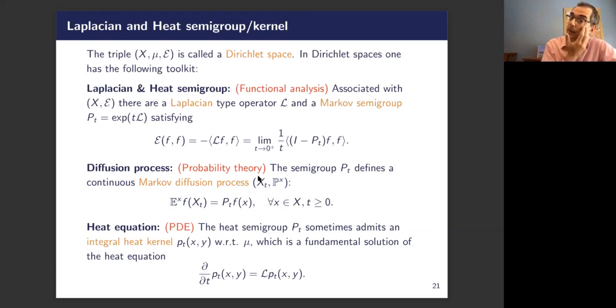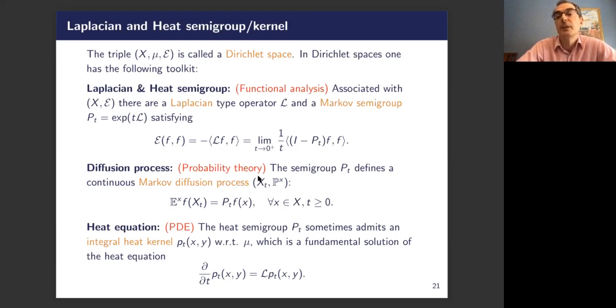And finally, there is another tool that comes from analysis this time. This is PDE, and it turns out that Dirichlet forms and associated semigroups are related to the heat equation.